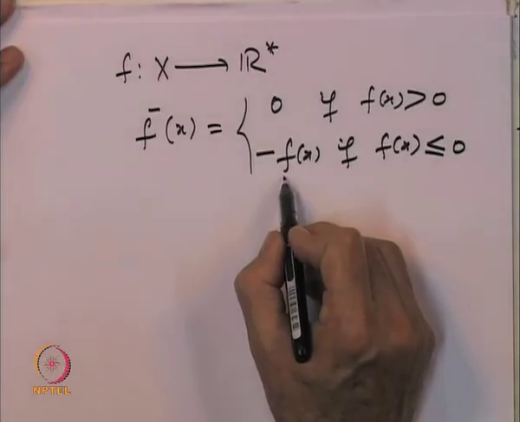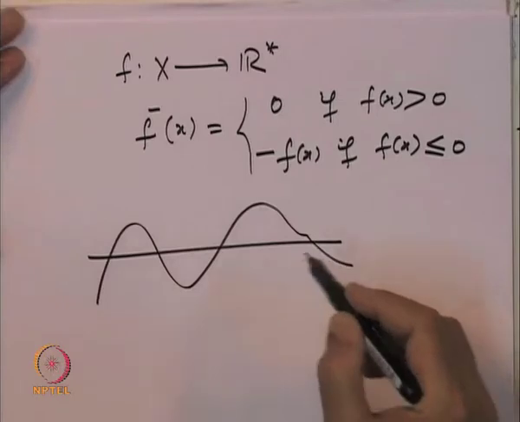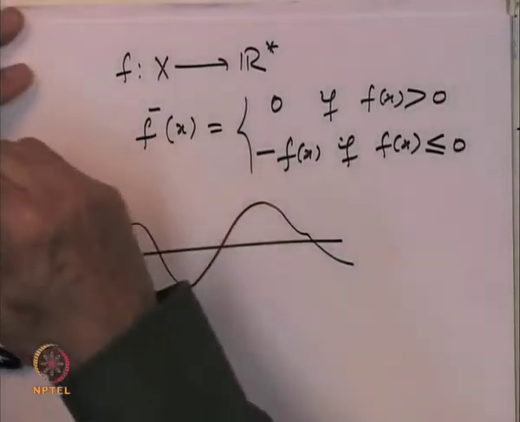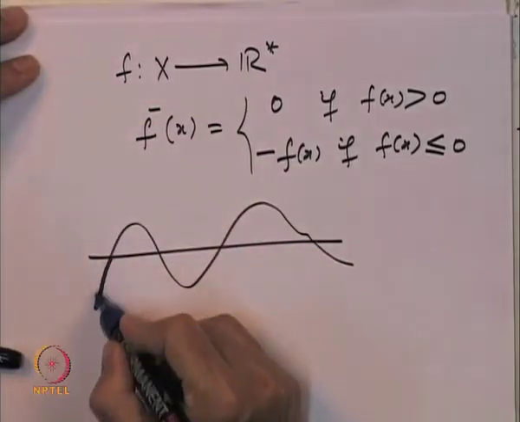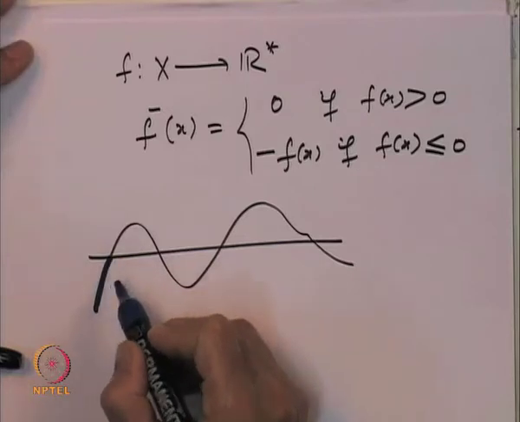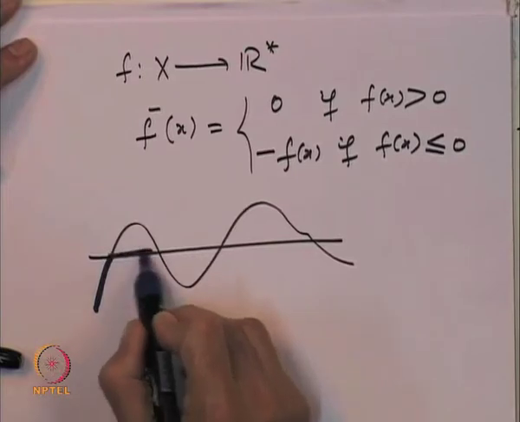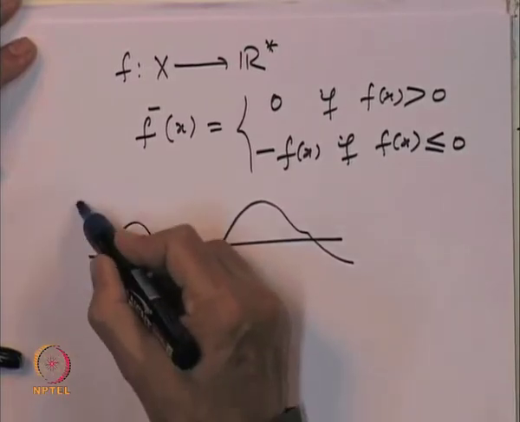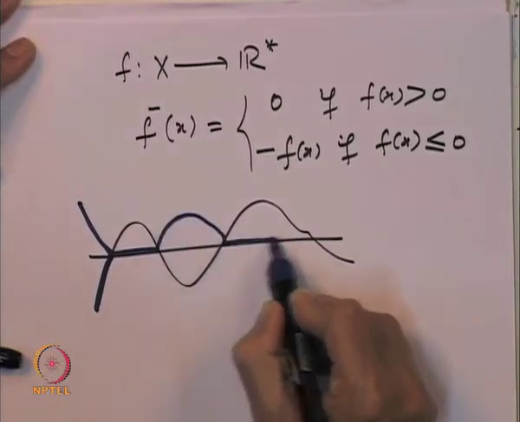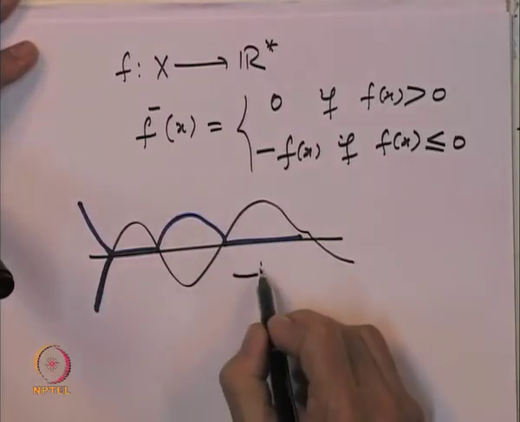Keep in mind the negative. If this is the graph of the function, then on the positive part we keep it at 0. When it is below, we reflect it up. So it is this, and this, and so on. This is called the negative part of f.